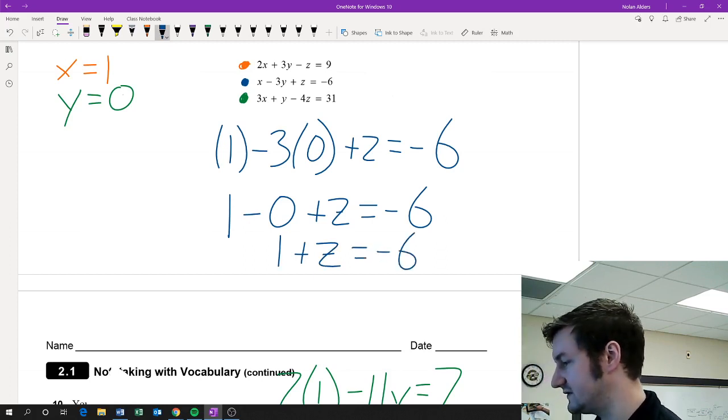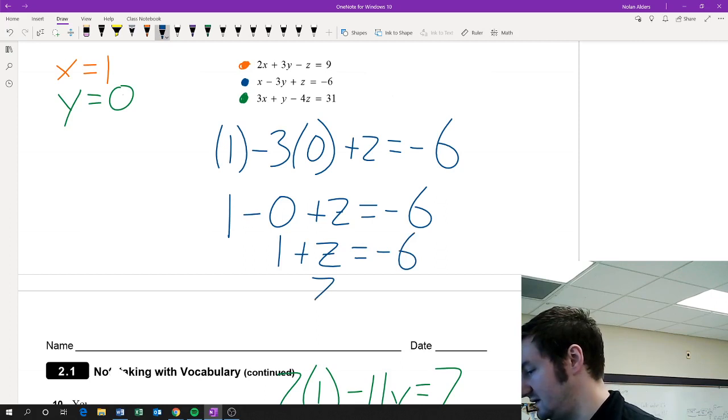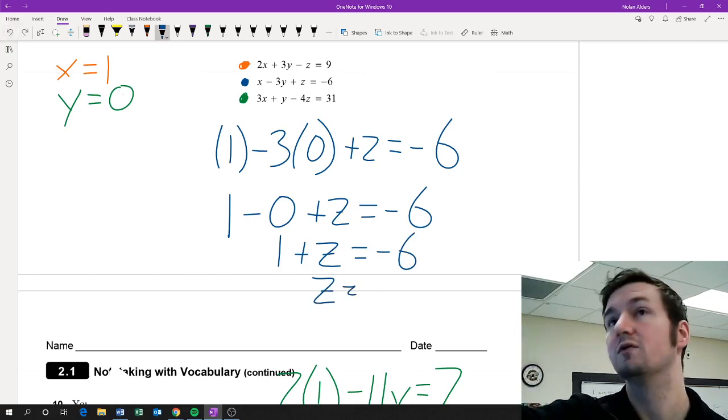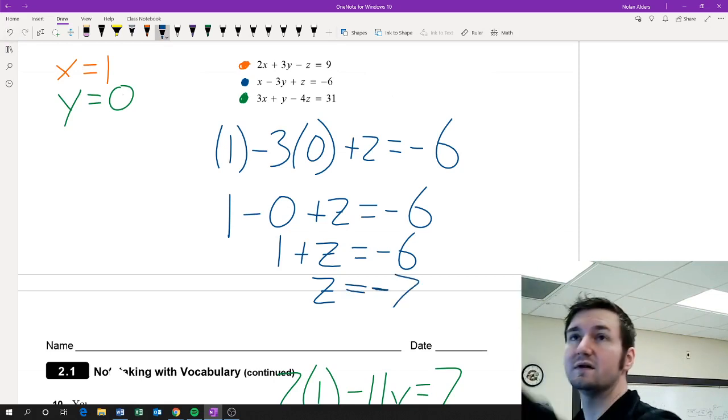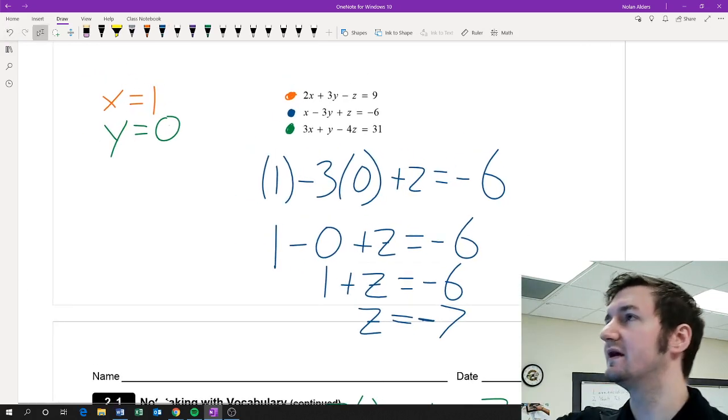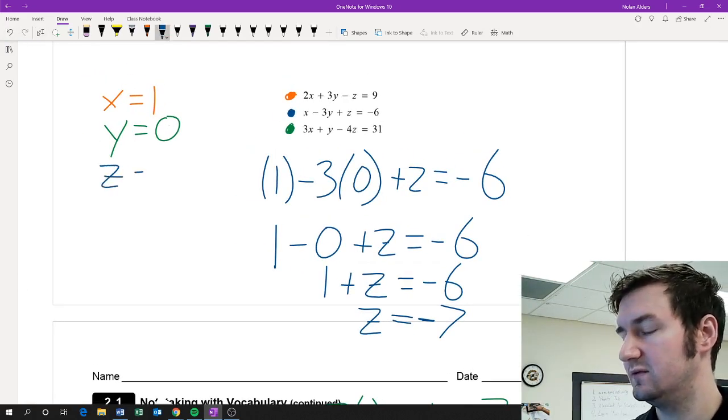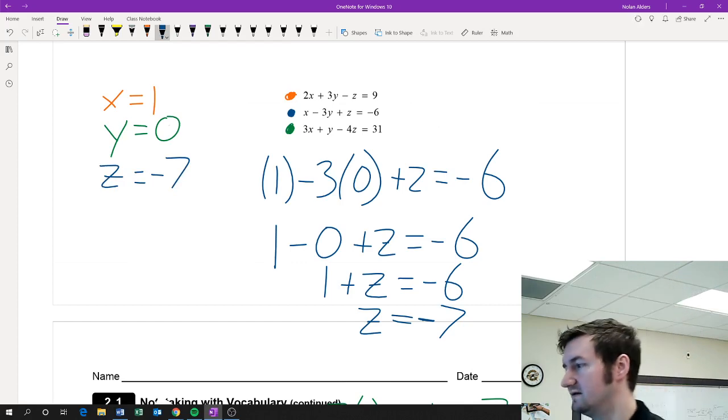Can we take the 1 and subtract it over? So we'll have z equals negative 7. So there we have our last one. So we can write that right here. z equals negative 7.